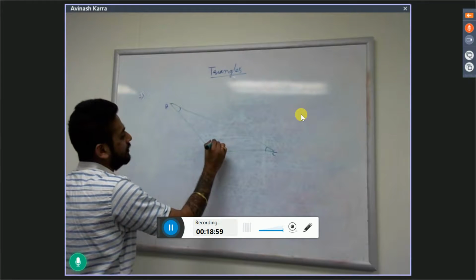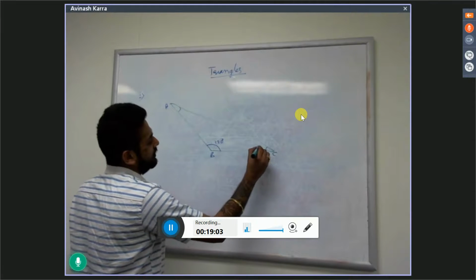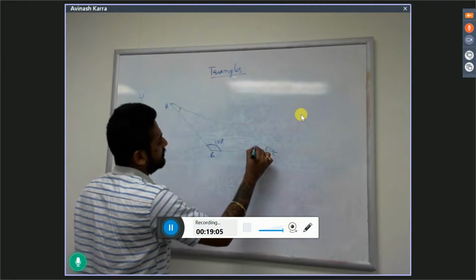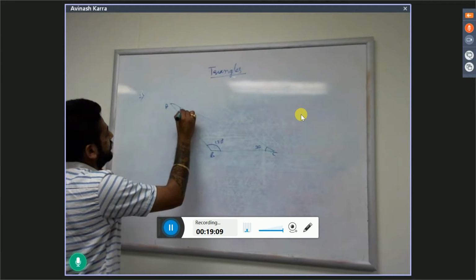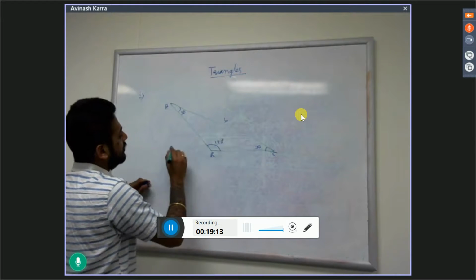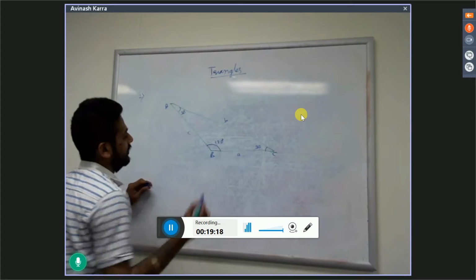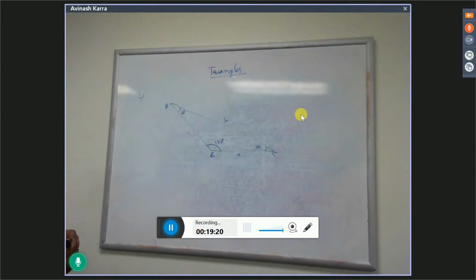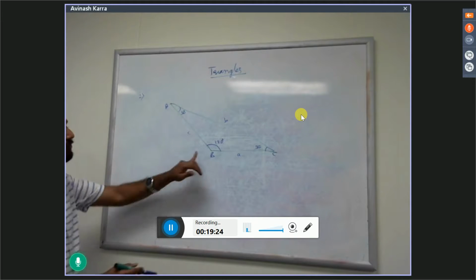For example, if I take 120, and 30, and this is 50, and this side is considered as B, this as C, this as A. So what is the largest angle among these?